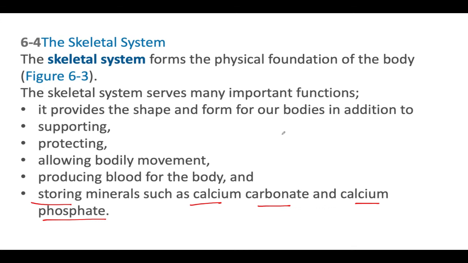So what we have is cartilage. When a child is born, what we have is cartilage. And then the calcium carbonate and calcium phosphate begin to get deposited. As the child is growing, the elongation of those cartilages is happening as well.